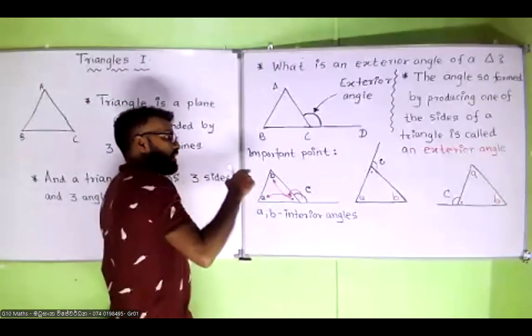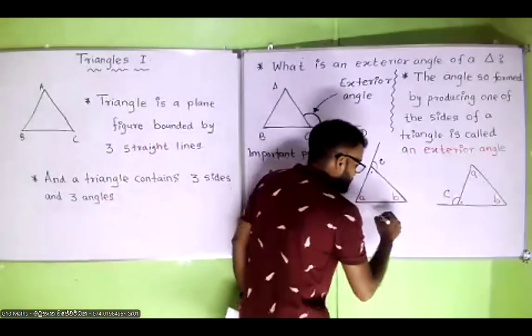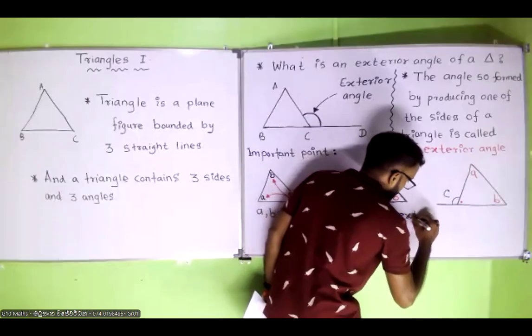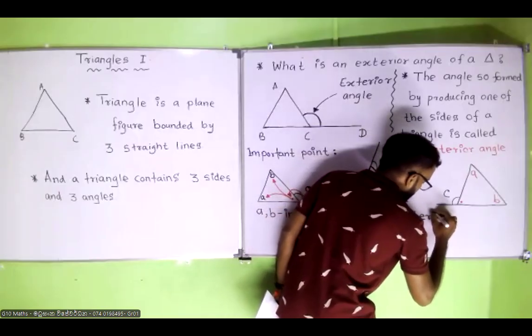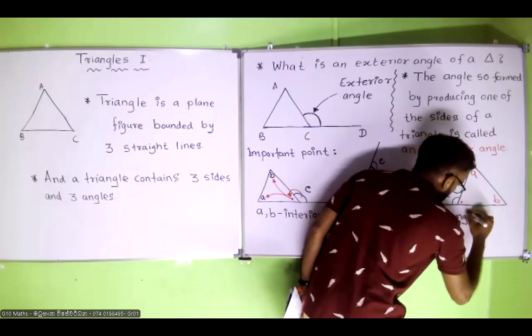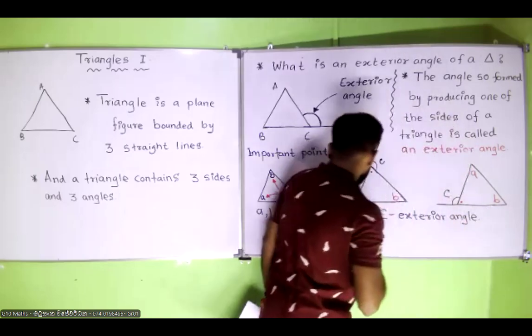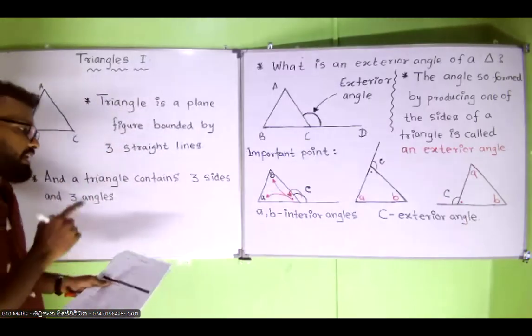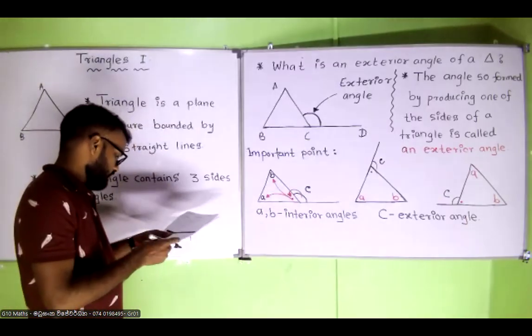And C, you know, is our exterior angle. A comma B means our interior angles, and C is called our exterior angle.